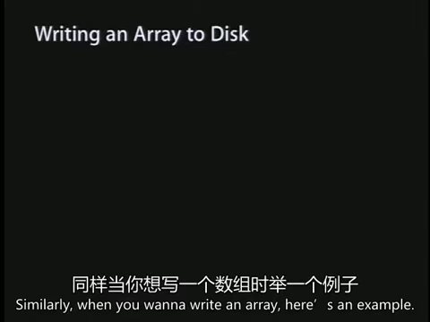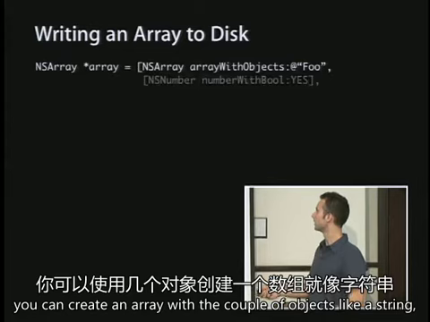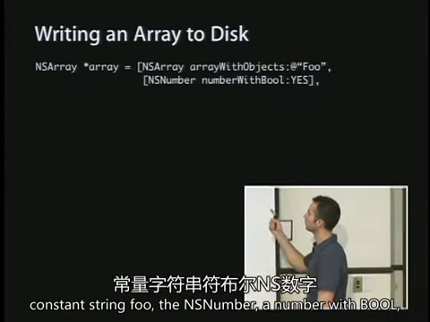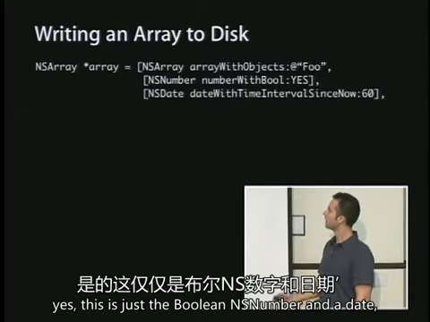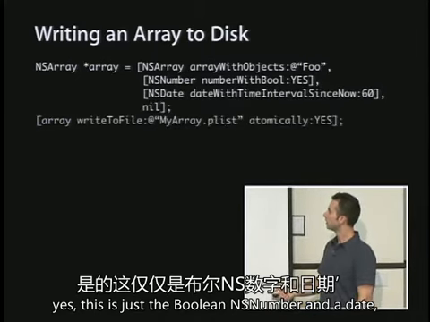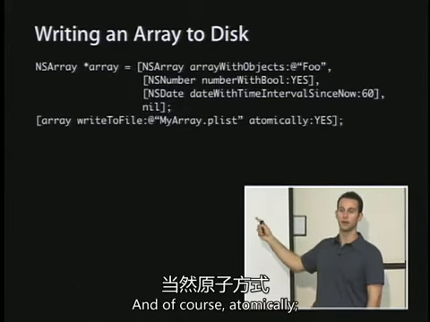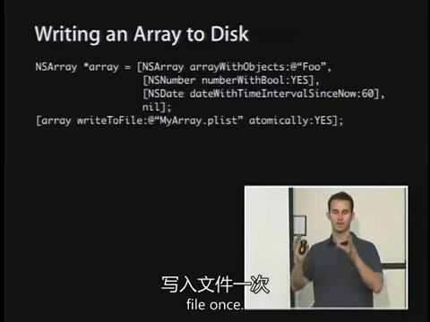So similarly, when you want to write an array, here's an example. You create an array with a couple objects, like a constant string foo, the NSNumber with bool yes, which is just the Boolean NSNumber, and a date. Writing that out using writeToFile atomically. And of course, atomically, what this does is it lets the operating system write this file at once.